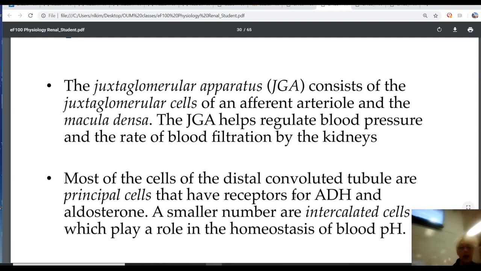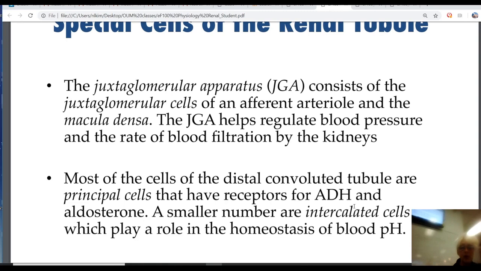So here are your specialized cells. Now, these JGA cells are important. This is where we're going to see that the blood pressure is regulated. Most of these cells of the distal convoluted tubule are your principal cells, which have receptors for ADH and aldosterone. This ADH is your antidiuretic hormone.